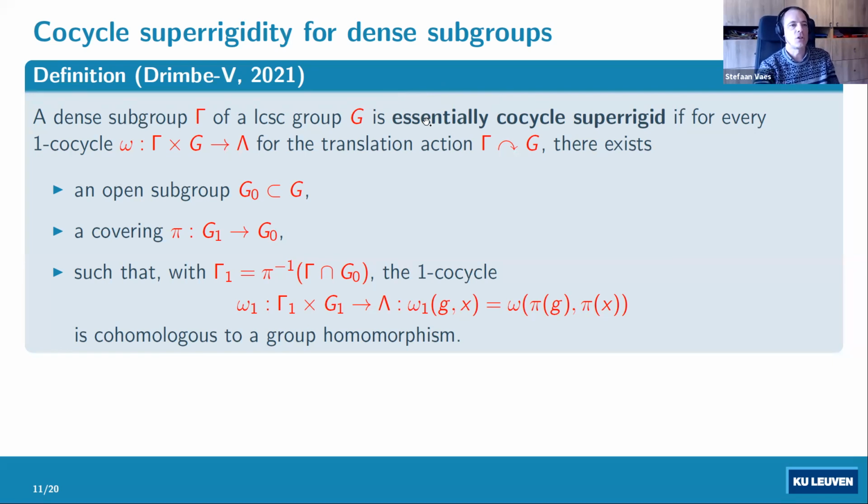So what is essential Cocycle superrigidity by definition? It means that any one cocycle can be untwisted after the proper reductions. So there are two reductions. You have to have the liberty to only do it on an open subgroup. And then secondly, you have to allow that this open subgroup is actually covered in the sense of covering homomorphisms for, say, the universal cover of a Lie group.